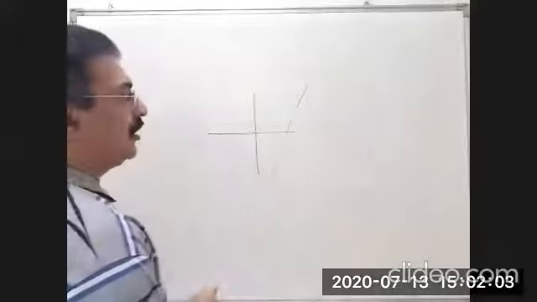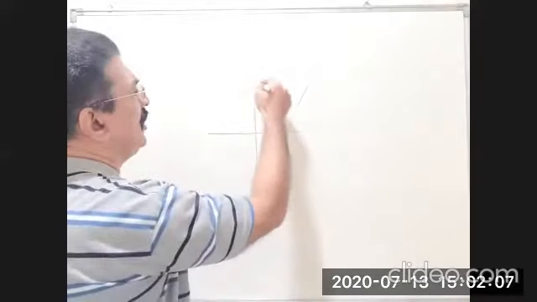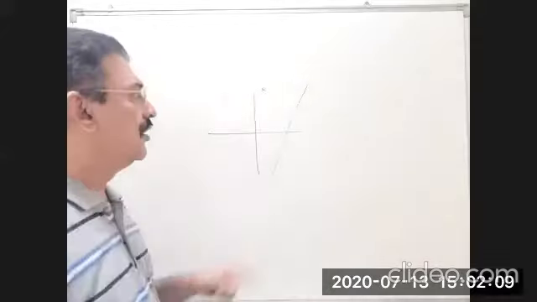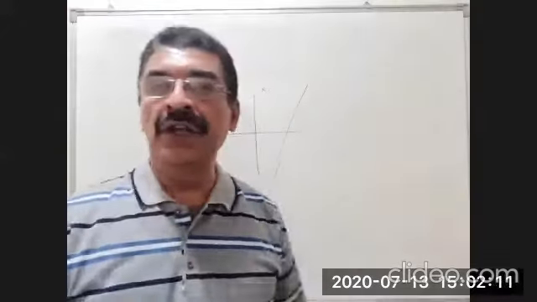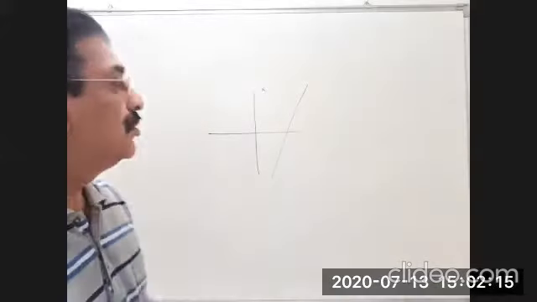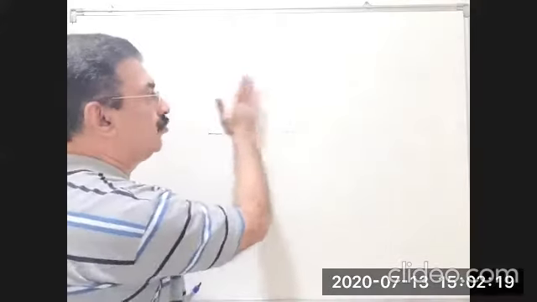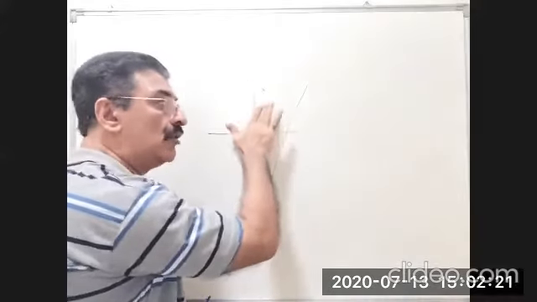If the inequality is true, we will shade the plane containing this point. If it is false, the other half plane.